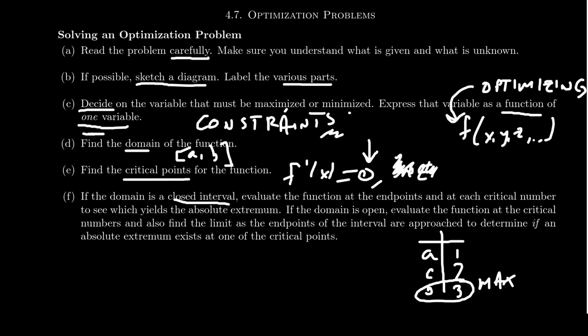Now, if the domain is open, it is possible to still find an optimal solution, because after all, if you have a cost function, we're trying to minimize cost. Well, admittedly, there's nothing that stops us from just producing more and more and more commodities in our factory, which would increase the cost.